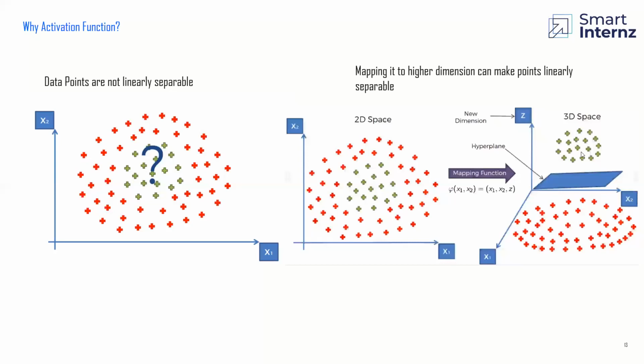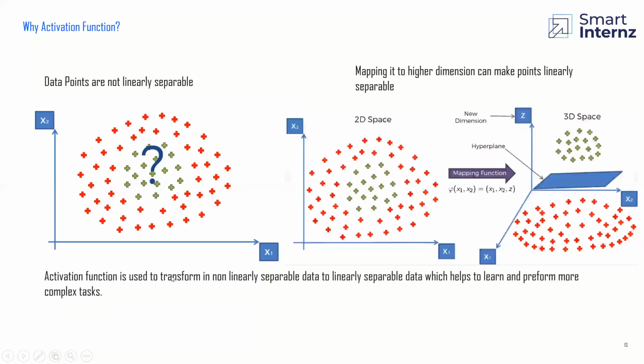So here you can see the activation function is used to transform non-linearly separable data into linearly separable data, which helps us perform more complex tasks.